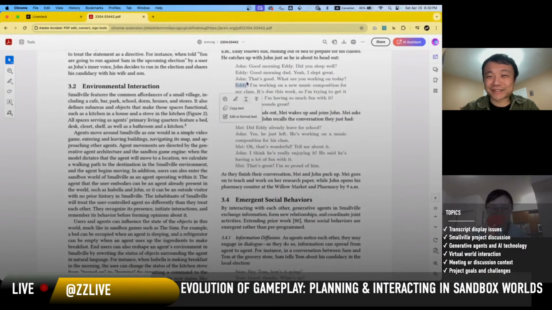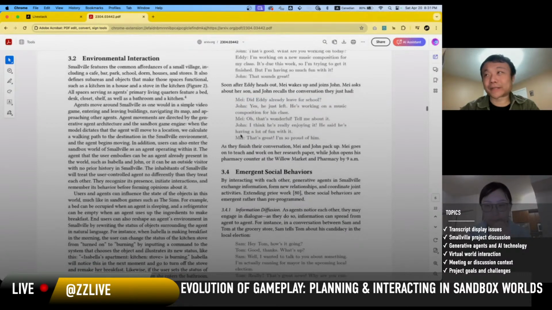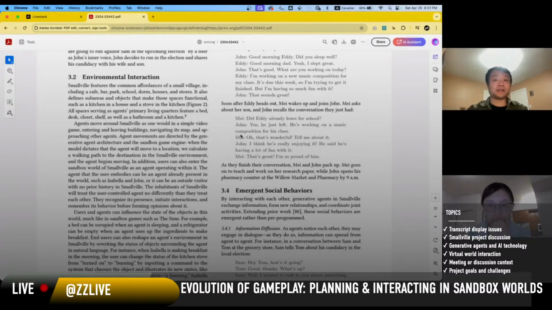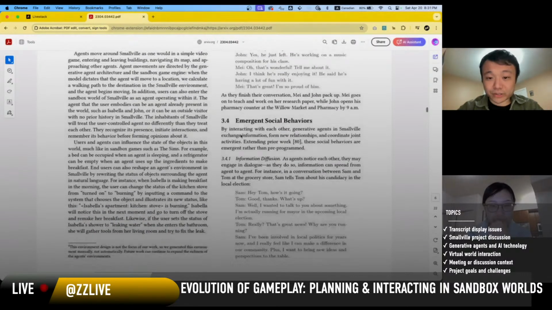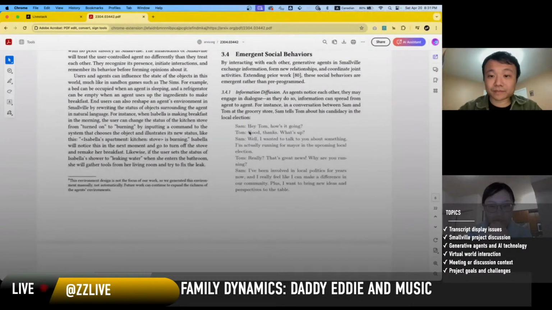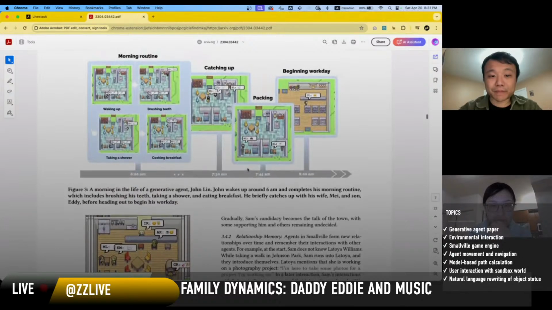Eddie's working on the music. Oh, Daddy is working on the music. Okay, he's working on a piece of music, and then the children start talking about Daddy's work. Okay, the transitive nature of this kind of conversation. Knowledge transfers, emergent social behavior, information diffusion. Yeah, we went through that last time about the mayoral election.